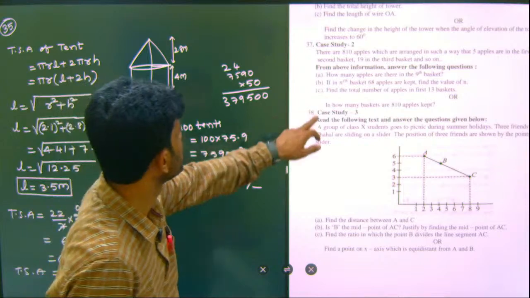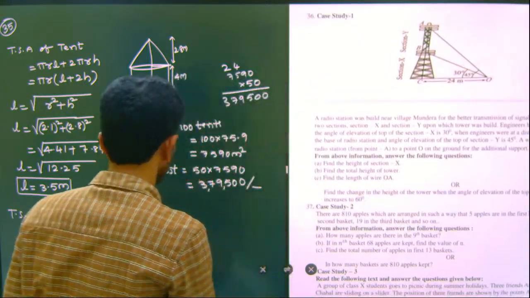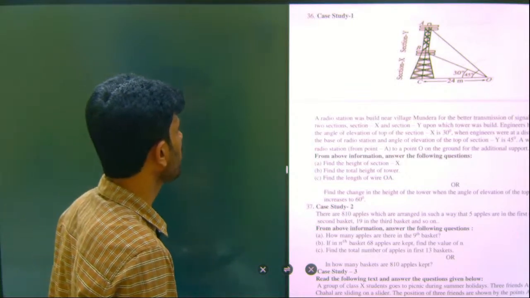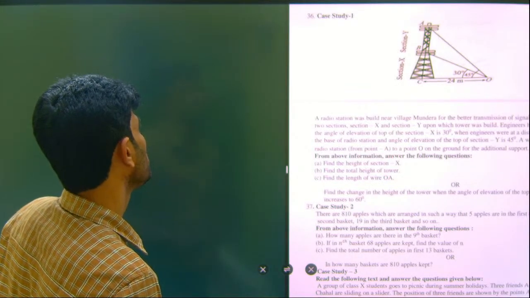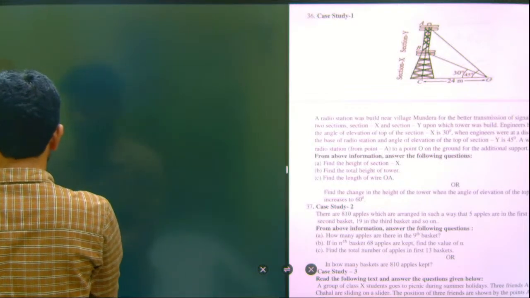Okay, let us discuss these also. Case study 1, applications of trigonometry. What is given here: find the height of section X. So let us take that figure here.